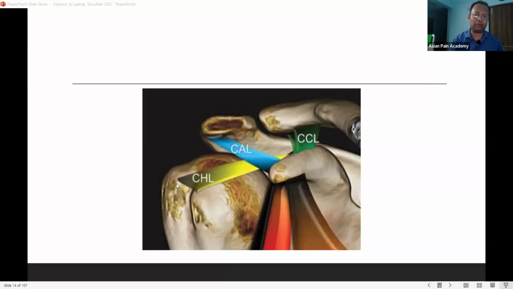So if we put a probe in a short axis manner in this area, then we can see part of coracohumeral ligament on the lesser tuberosity and also on the greater tuberosity. Okay, so this will be important later.